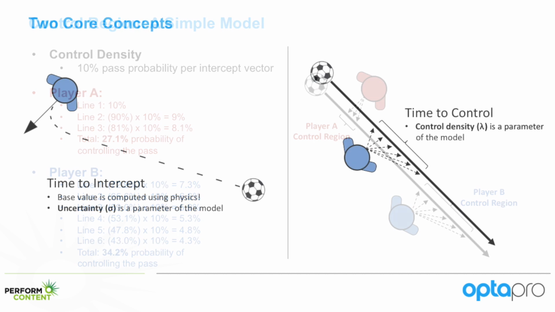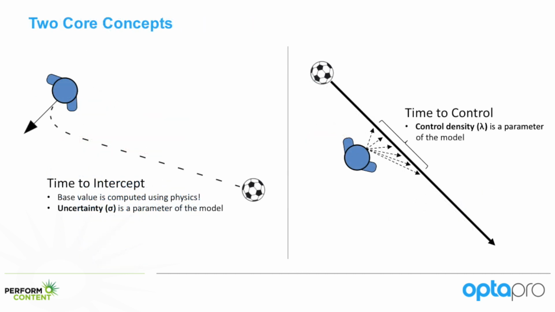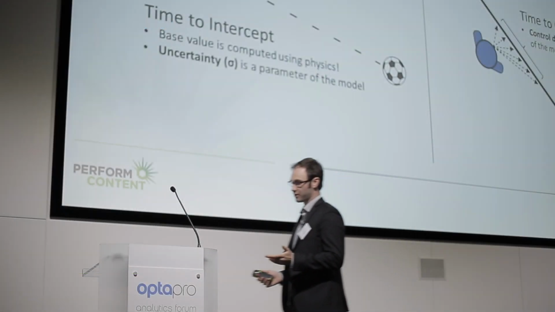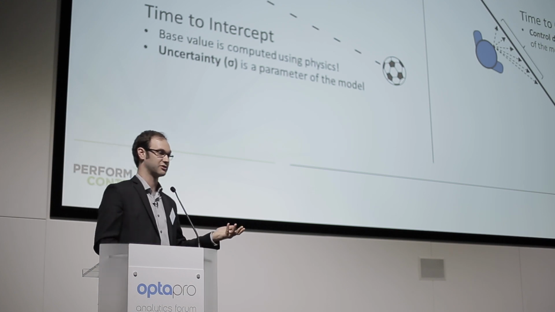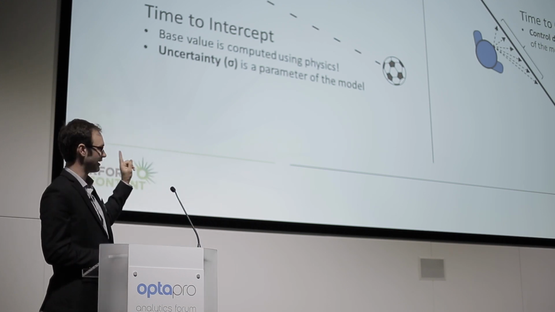What we end up doing is taking these 2 core concepts, so time to intercept and time to control, we parameterize them. So time to intercept, we parameterize with a sigma, which is the temporal uncertainty on how long it takes me to get to the ball. So if normally it takes me 3 seconds to get to this point, and with a lower or higher effort, I could get there in 2 or in 5 if I'm slower, then that's taken into account by that sigma.